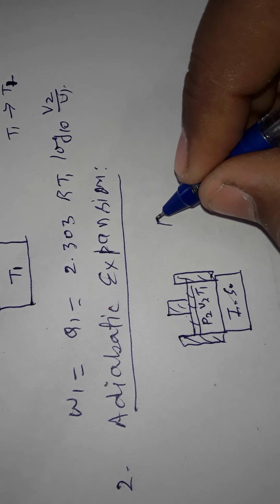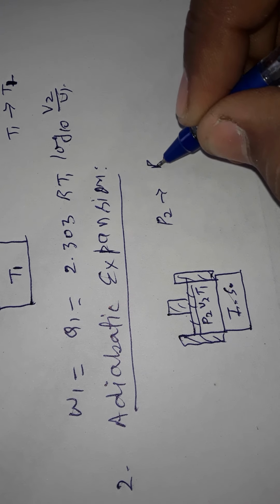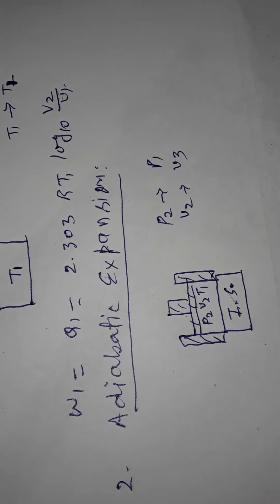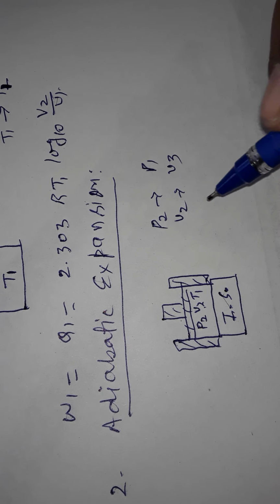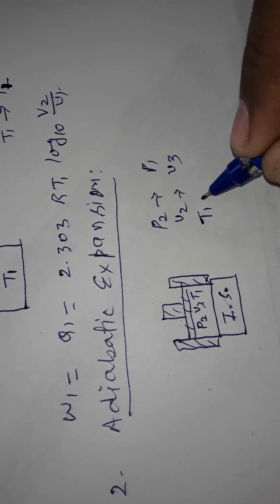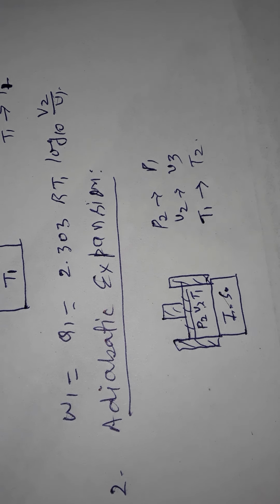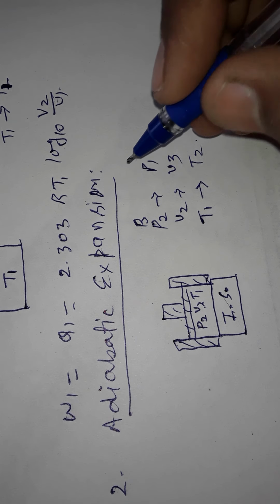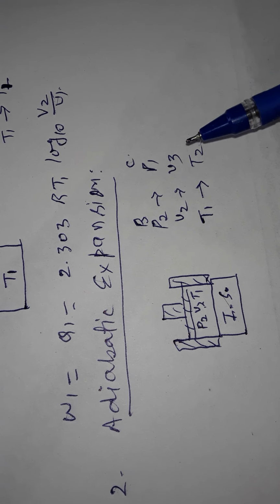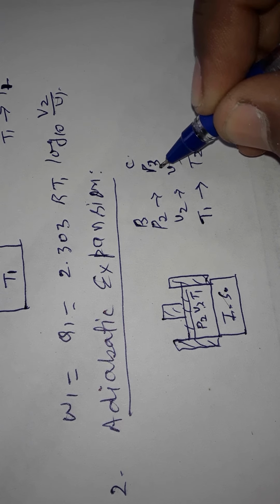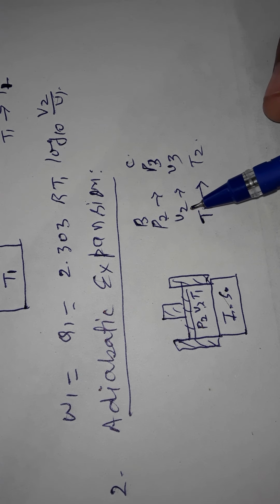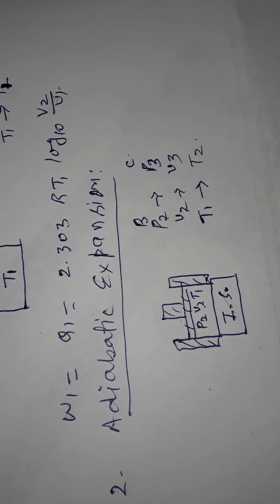Due to expansion, the pressure changes from P2 to P3, volume changes from V2 to V3, and the temperature of the system decreases from T1 to T2.